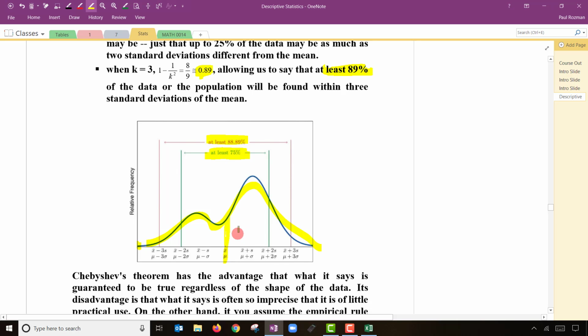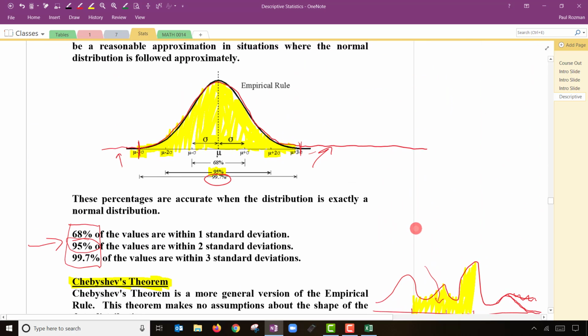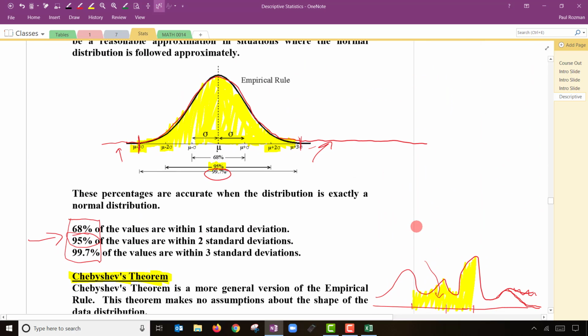I can't say that above the mean is 50% and below the mean is 50%, like I can with the empirical rule. Let me just quickly run back there for a second. I can take advantage of symmetry here. Suppose I wanted to just know this area.